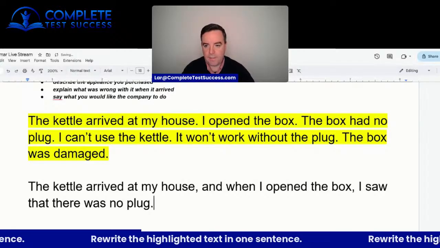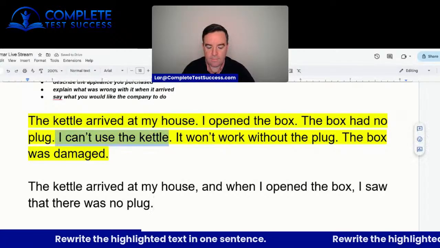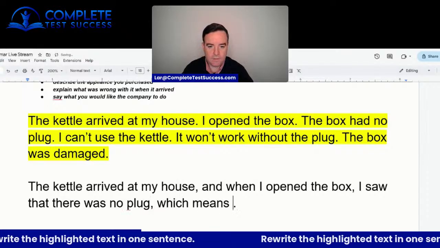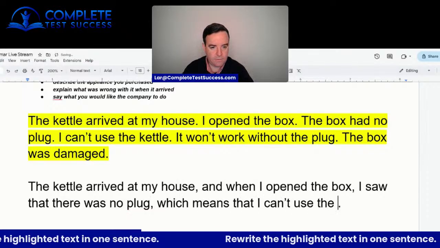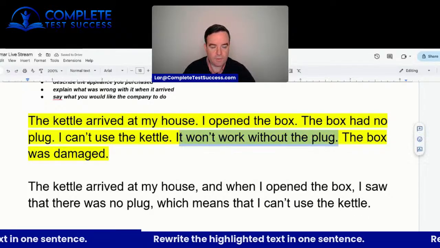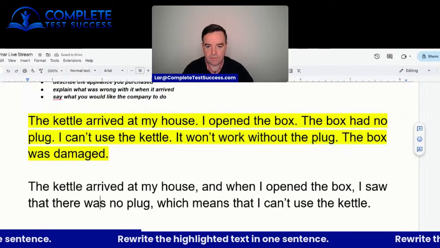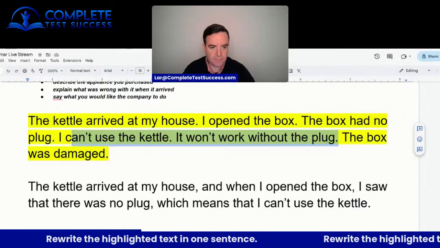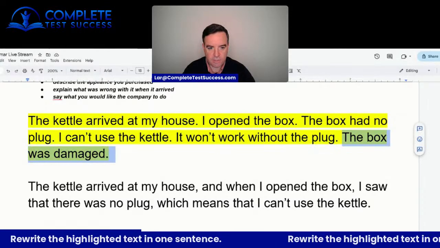Okay. I can't use the kettle. Which means that I can't use the kettle. It won't work without the plug. I think that's pretty redundant. There's no plug, which means I can't use it. That's already there. So that was repetition. We wouldn't need that. The box was damaged.